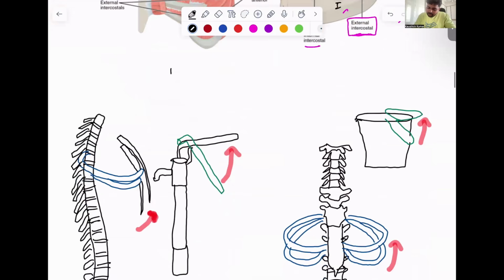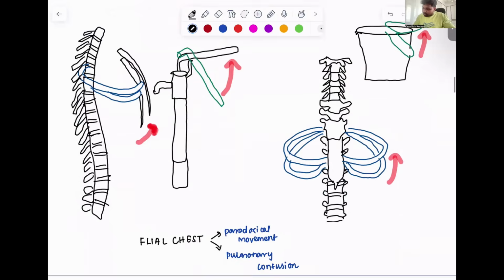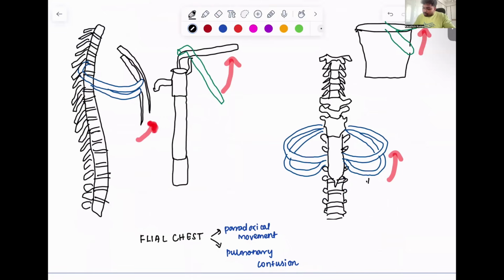The first movement is bucket handle movement. So in this image, you can see this is the original position of the ribs, which are slightly slanted down like this. So when external intercostal contracts, it is going to lift up the thoracic cage in the outward direction like this.